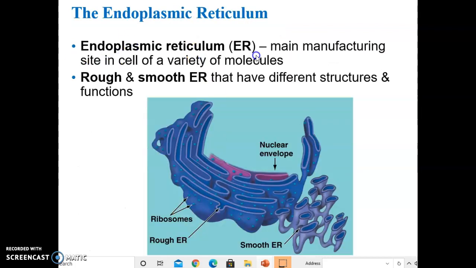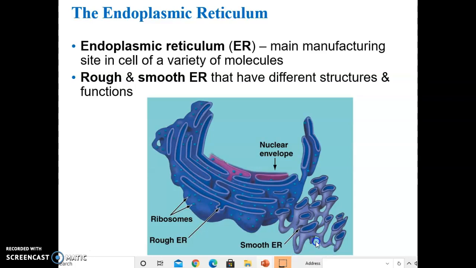So the ER, endoplasmic reticulum, it's the main manufacturing site in cells for a variety of molecules. The rough ER is called rough because it is studded with ribosomes on the surface. That means protein synthesis. So the rough ER is primarily involved in protein synthesis. The smooth ER does not have ribosomes on its surface, so it is not involved in protein synthesis.